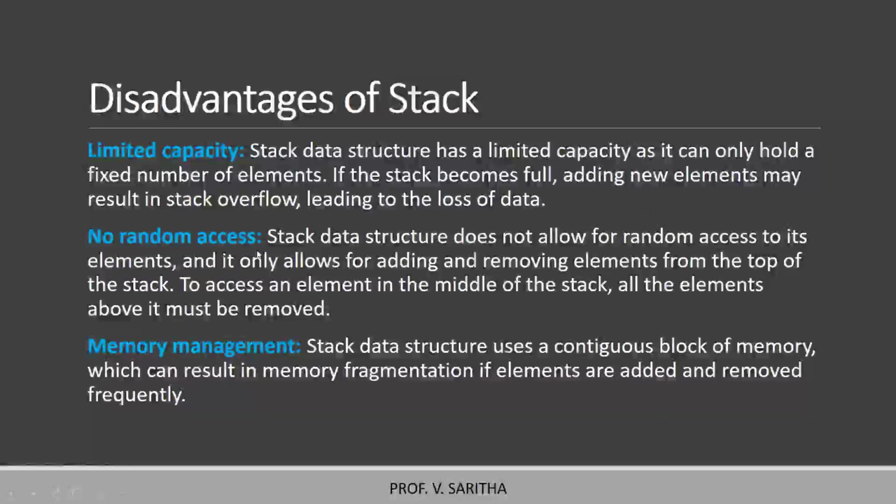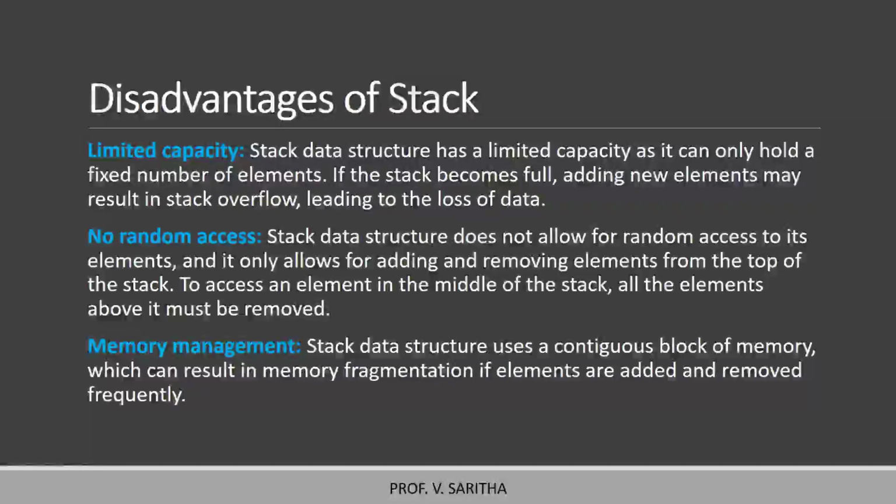So, no random access. As we discussed during the advantages of the stack, I told you the fast access time is just because we are able to access only the top of the stack. Now, when you are trying to access any other element randomly, it will take more time. It is not actually possible.